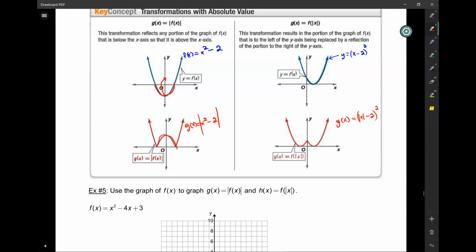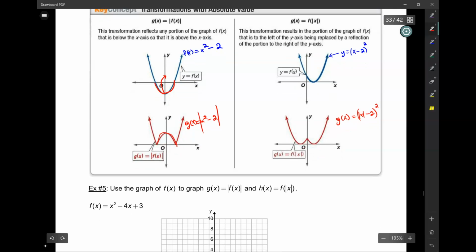Just the x is in absolute values. So now what it does is the following. This says, you know what? Whatever negative x values there are, you can no longer have negative x values. So it takes the negative x values, makes them positive, and gives it that y value. Okay? Let's think about that.